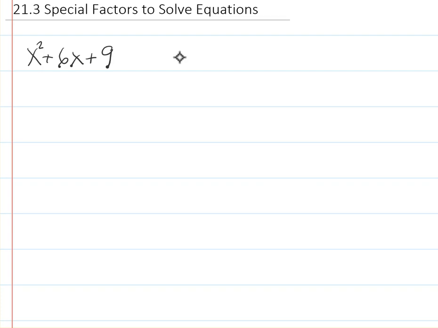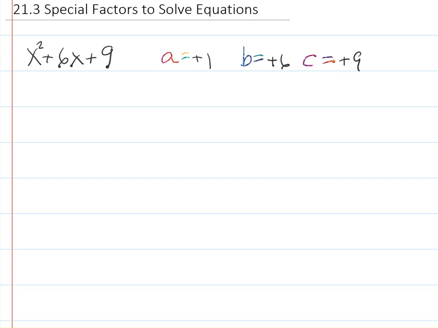Okay, as always, we have to find our A, B's, and C's. So here's A, here's B, and here's C. For A, we find that A is, of course, positive 1, B is positive 6, and C is positive 9.